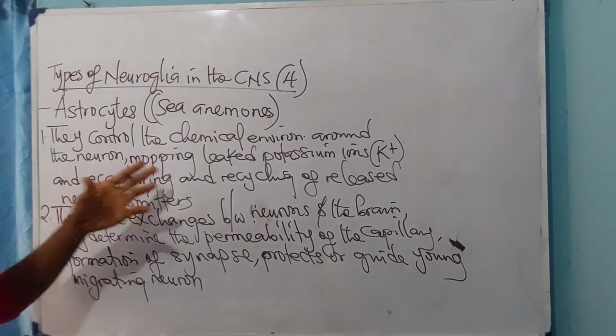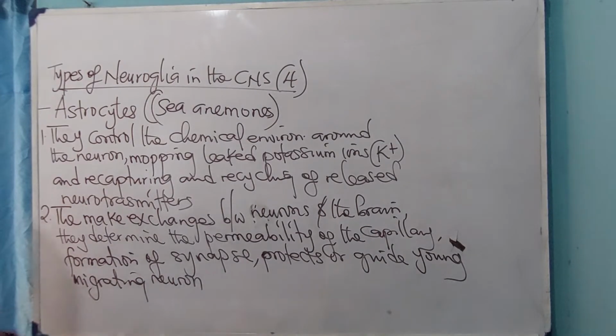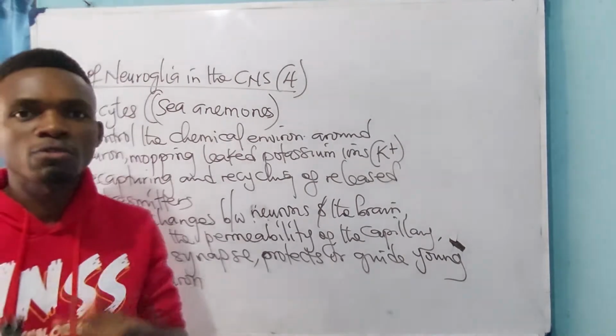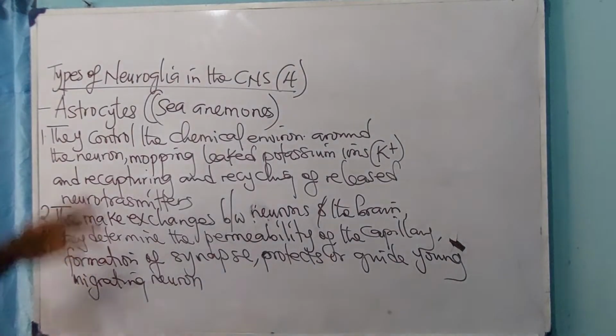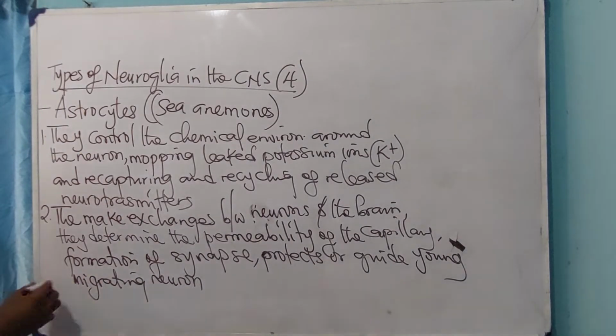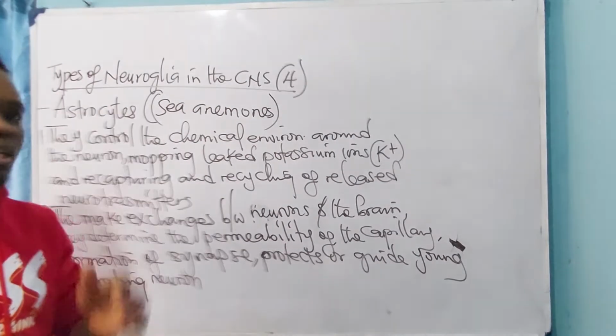The mopping of leaked potassium ions, recapturing and recycling of released neurotransmitters are under the function of what? The astrocytes.